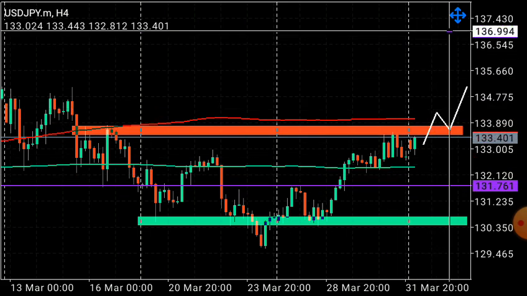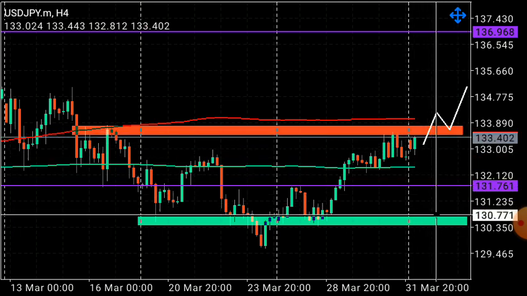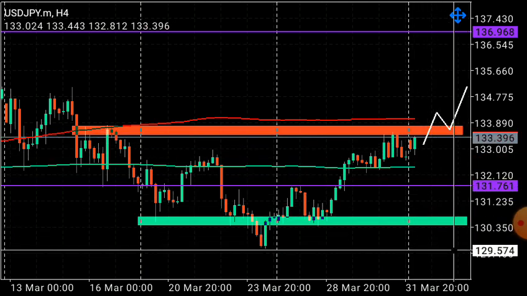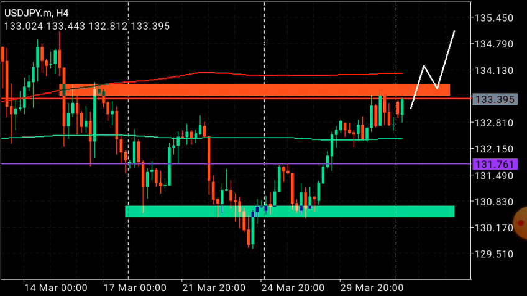We could close the week off above 136, or I might be wrong and price just decides to drop like a rock, break this low and continue in the sell direction from there. But from my standpoint, this is what I have, considering that the USD is heavily bought by institutional traders.